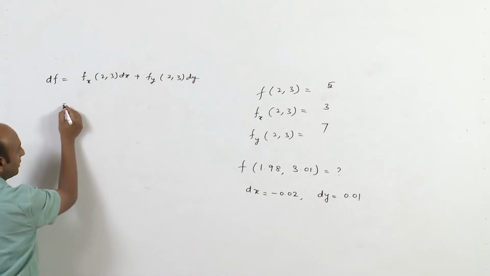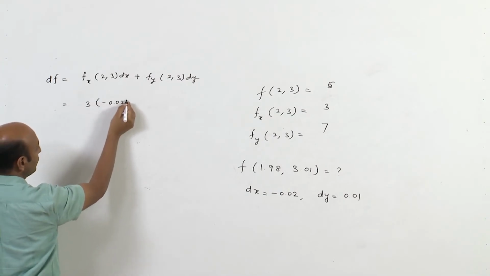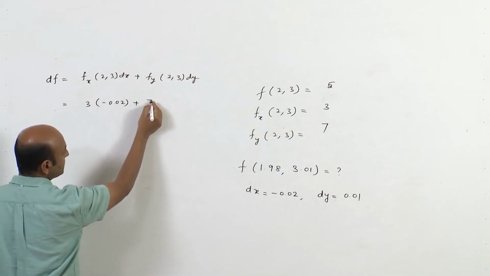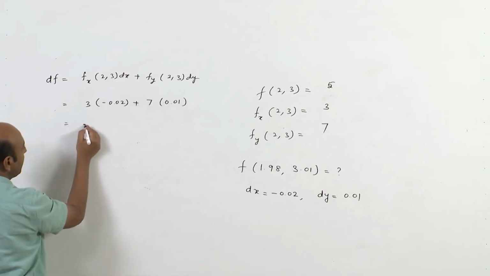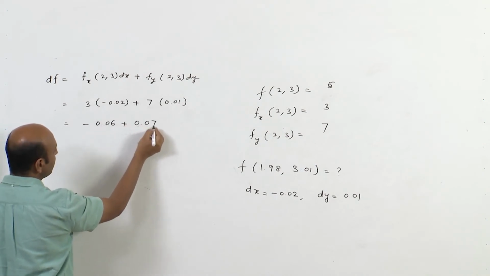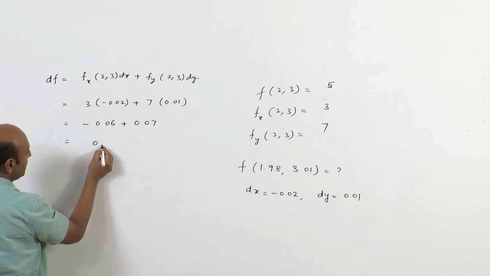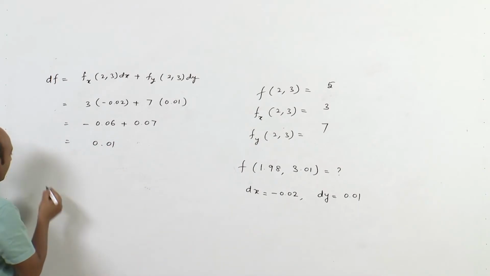So, this will be 3 into minus 0.02 plus 7 into 0.01, that will be minus 0.06 plus 0.07, that is 0.01.